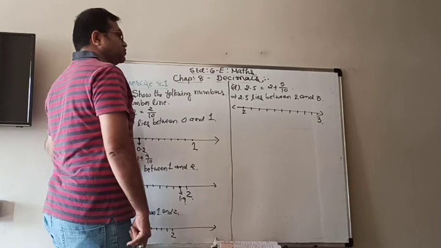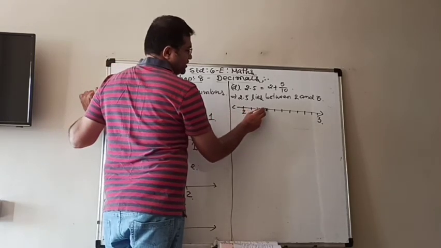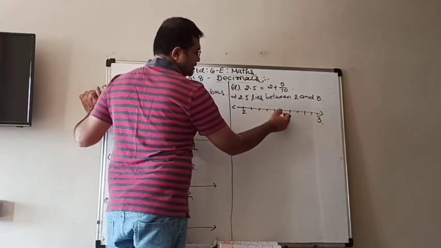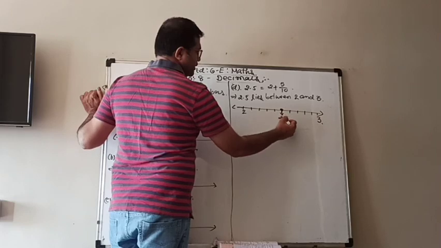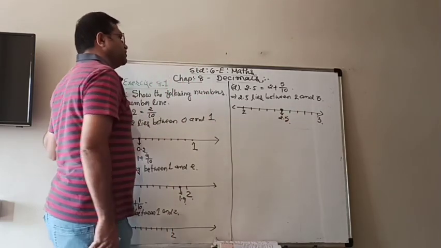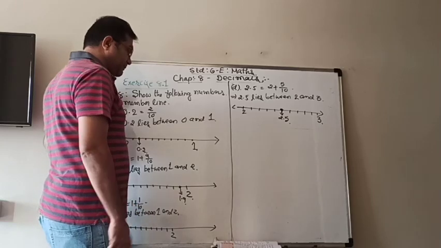Now we have to take 2.5. So that is 2, 2.1, 2.2, 2.3, 2.4 and that middle one will represent the number 2.5. So it is obvious, very simple.